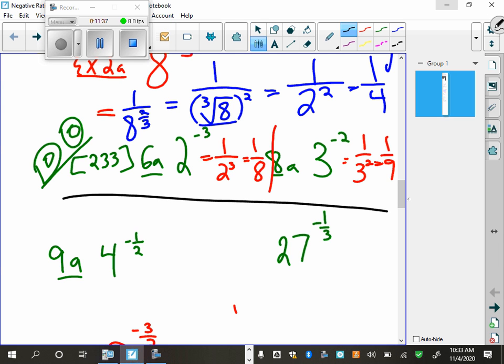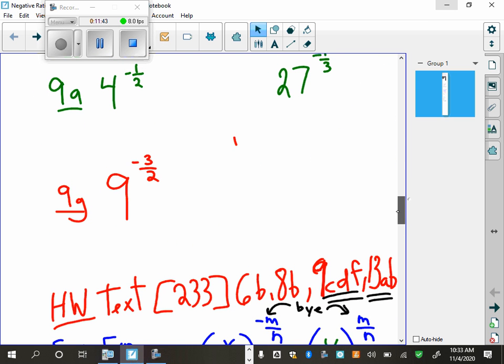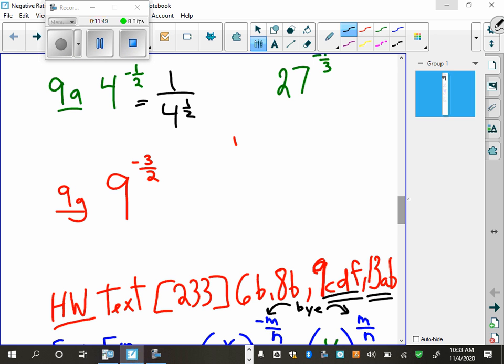All right, here's the stuff we're doing today. 4 to the -1/2 is 1 over 4 to the positive 1/2, which is 1 over the square root of 4, which is 1 over 2. You don't need to put positive and negative because it's with something.